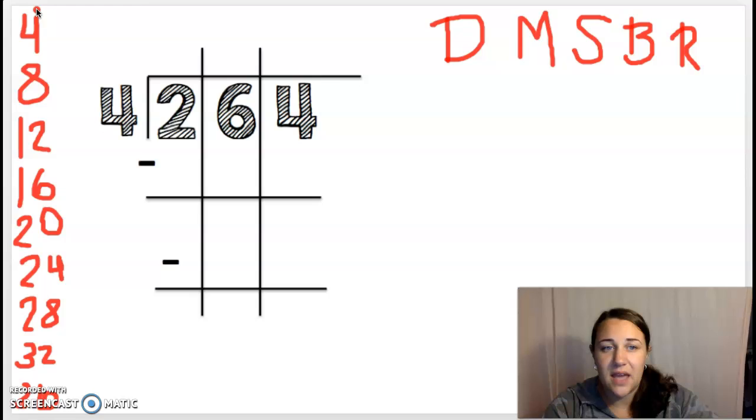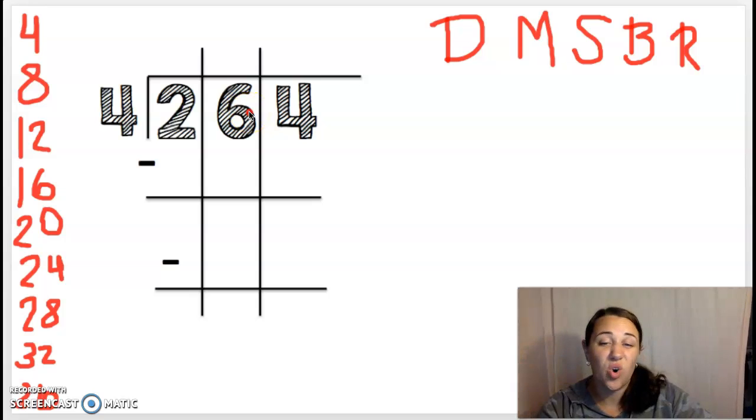So that doesn't make any sense. So I have to go next door now and make it 2, 6, 26. Now I have to see how many times 4 goes into 26 without going over. That's the trick. If we go over, we're going to be wrong. And we can't do all this work and just have a silly mistake.